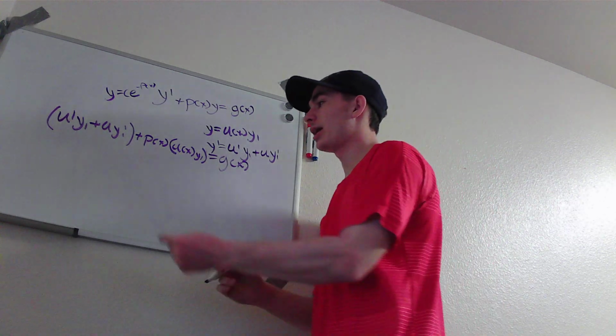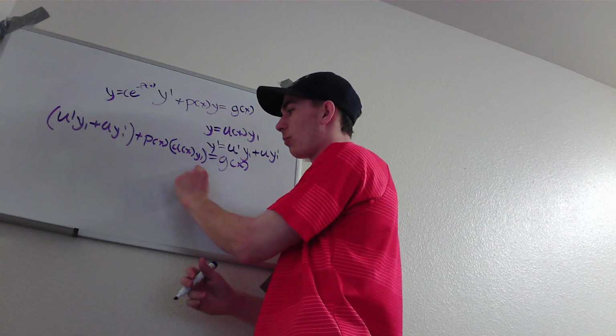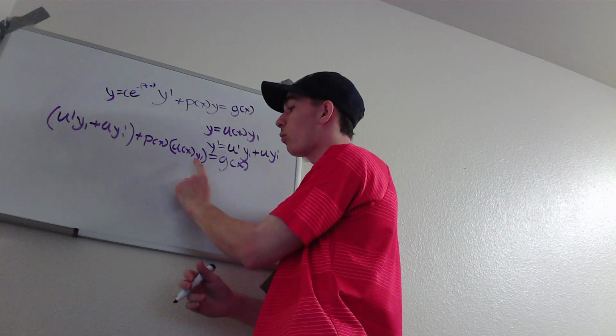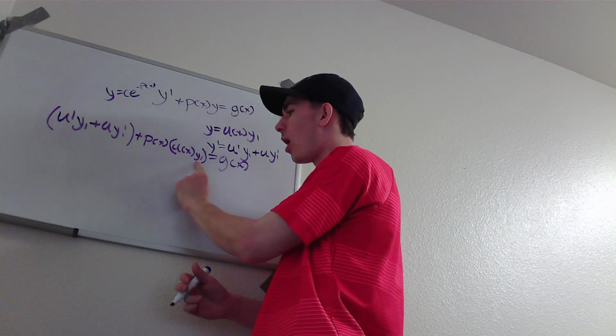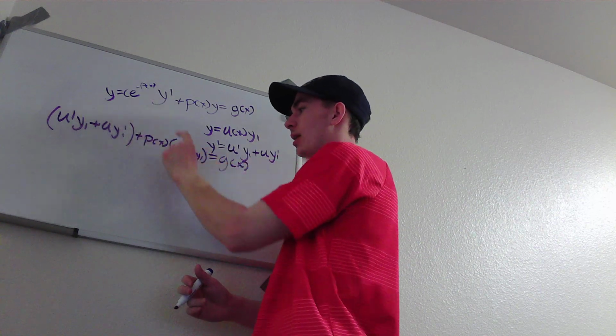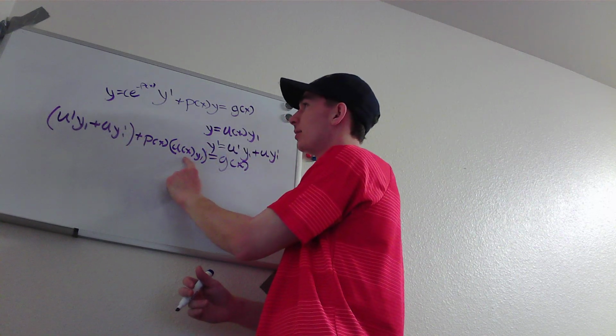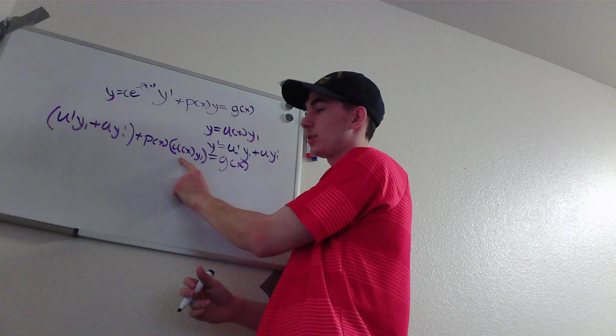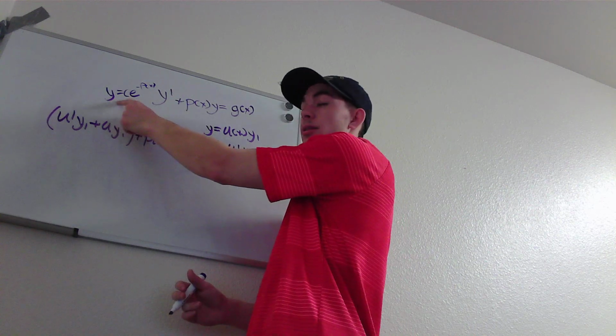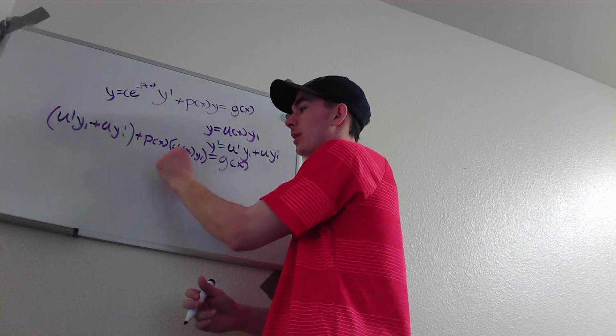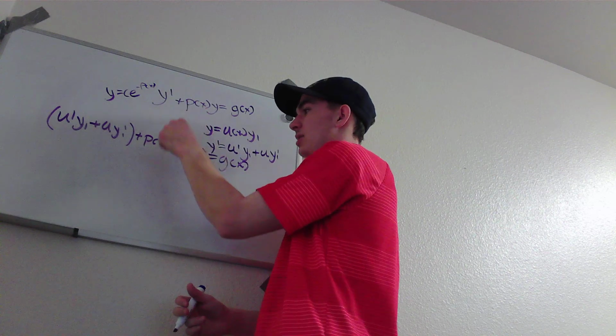So, if you recognize this here, y1 is this. U of x is what we're solving for. So u of x, y1 is the base value of y. Okay. P of x is this p of x right here.